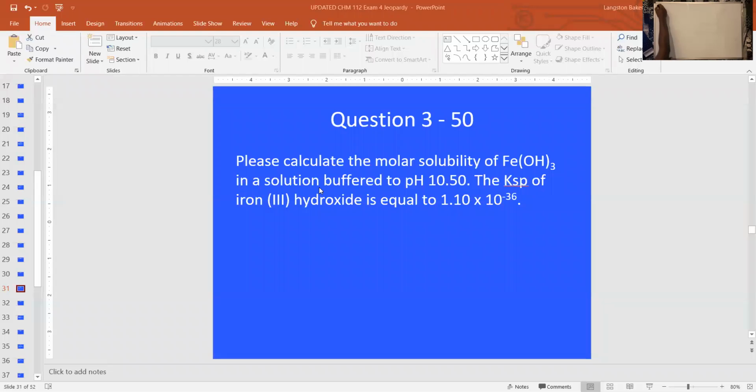So we have Fe(OH)3, whose Ksp is 1.10 times 10 to the negative 36.